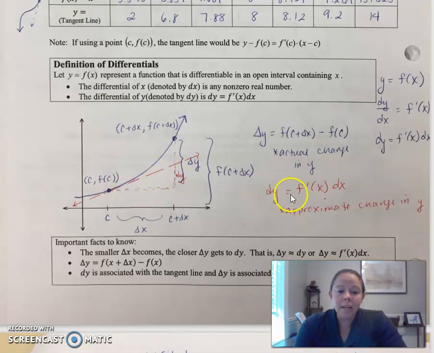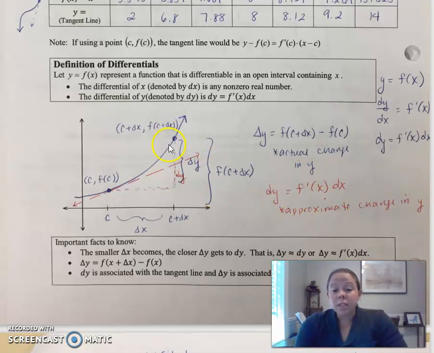So here's where the dy comes from. y equals f of x, and if you take the derivative of both sides using Leibniz notation, dy/dx equals f prime of x. Then simply multiply over the dx, and this is the dy. It's the approximate change in y.